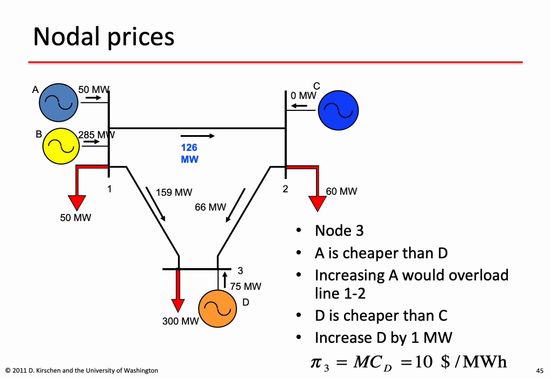So we need to produce this megawatt somewhere else. Could produce it with C, but D is cheaper, so the answer is we would produce it with D. So the nodal price at bus 3 is the marginal cost of producing 1 megawatt with generator D, which is $10 per megawatt hour.